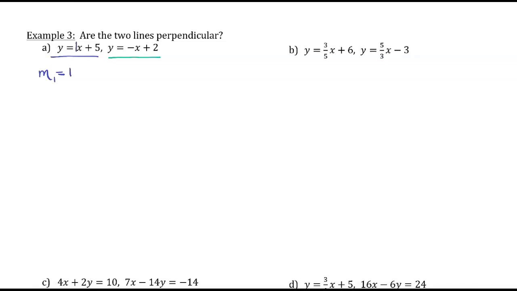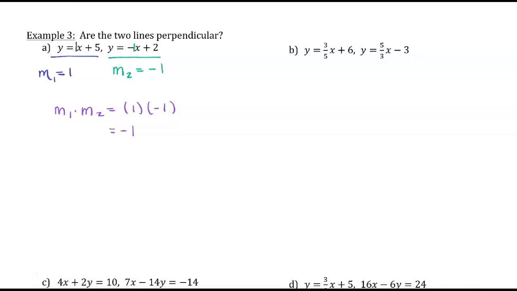The coefficient of the x term here is -1, so our slope, call it m2, is -1. We can do a quick check that m1 times m2, or 1 times -1, is equal to -1. So these two slopes are opposite reciprocals, and these two lines are necessarily perpendicular.